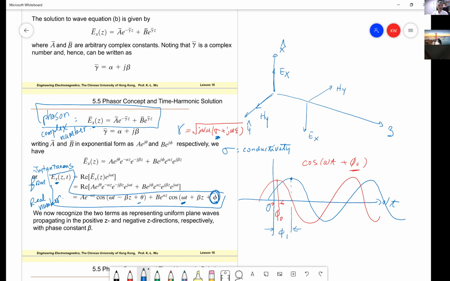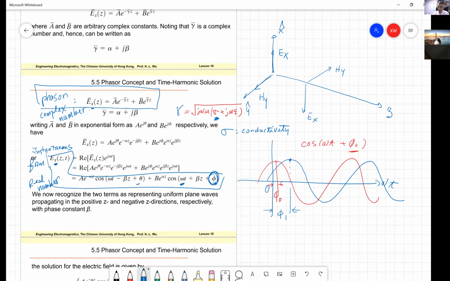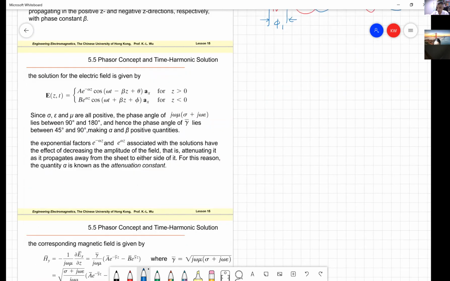They change in phase. Later on, we will see this is not always true if we have a loss.